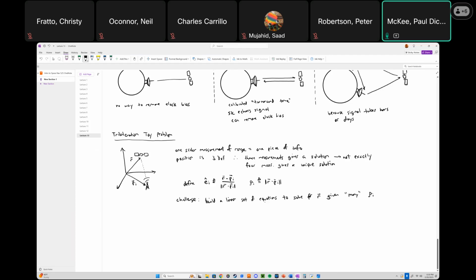I'm not going to limit you to a certain number of ranges, but given this information, go ahead and set up a linear system to solve for R. And I'll give everybody about 5 minutes to try it.